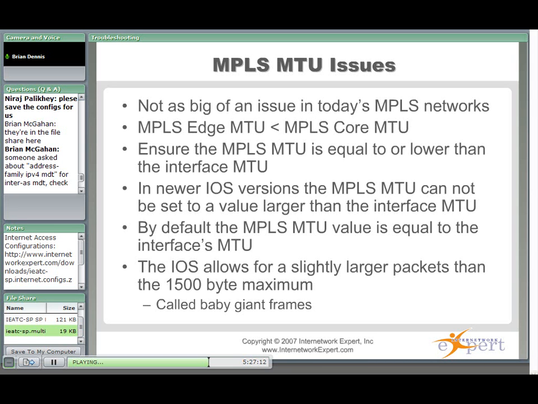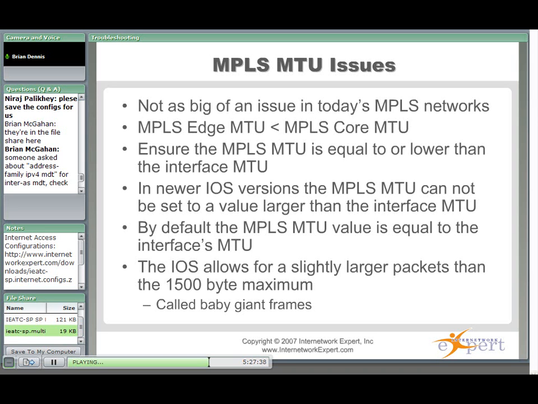Okay, not all platforms, as you guys know, support larger frames, and those are platforms like the 2500s. But the 2600s, you can do like ISL trunking, so you can see that it's dealing with frames that are larger than the standard Ethernet maximum of 1,500 bytes for the MTU there. So this isn't an issue today.